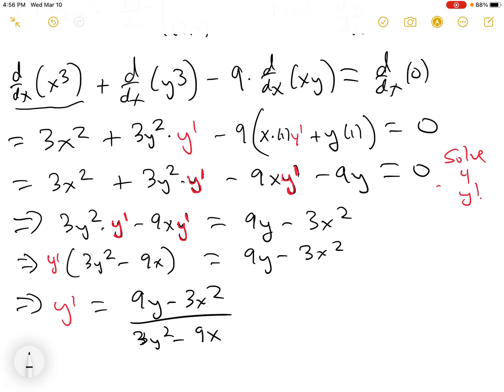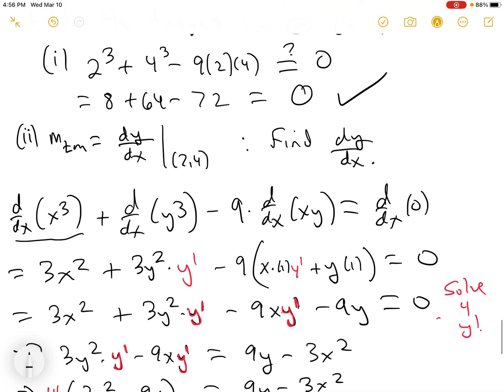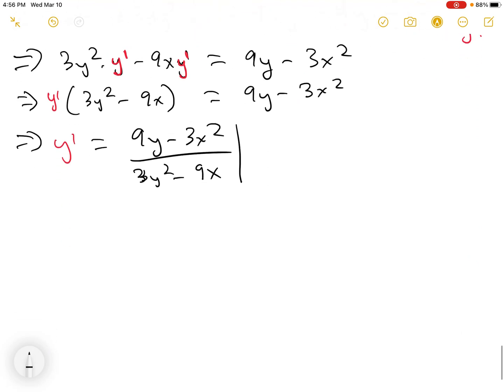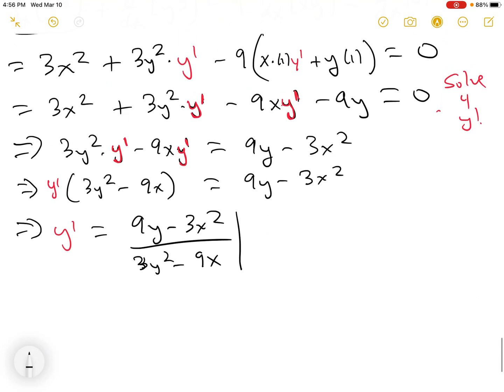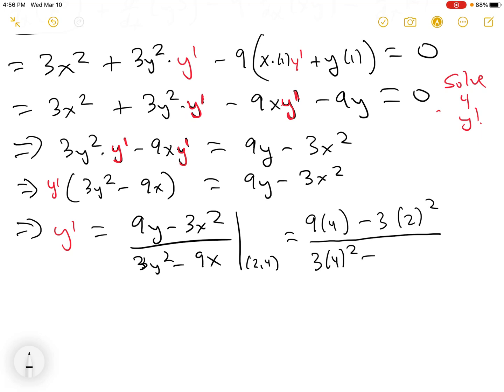Now to find the slope of the tangent line at this point, we need to plug in the point, what? (2, 4). So this is 9 times 4 minus 3 times 2 squared, over 3 times 4 squared minus 9 times 2.